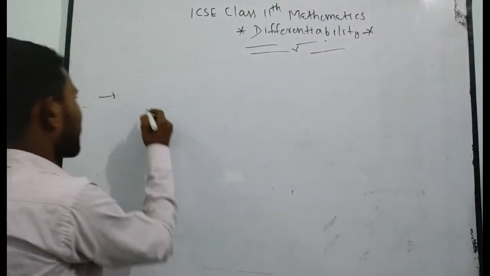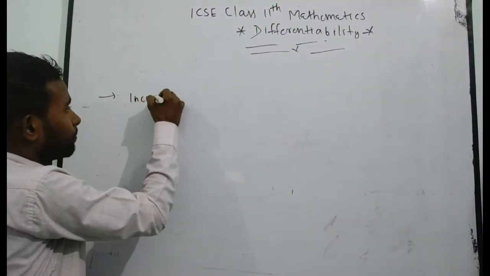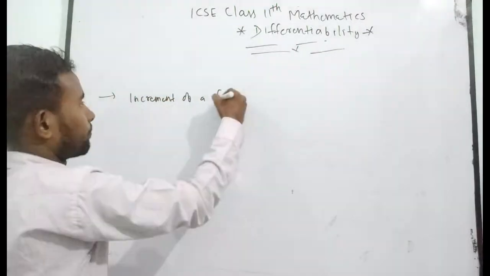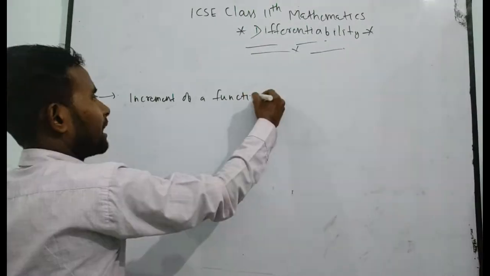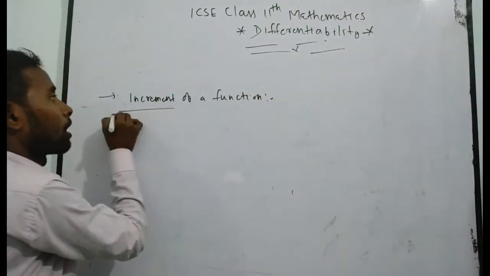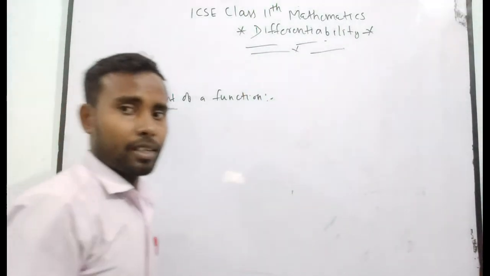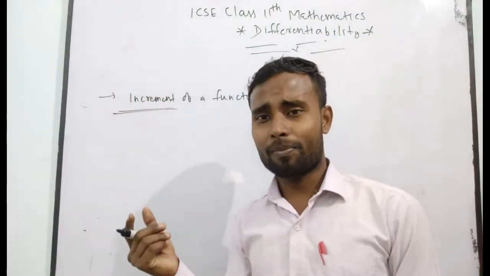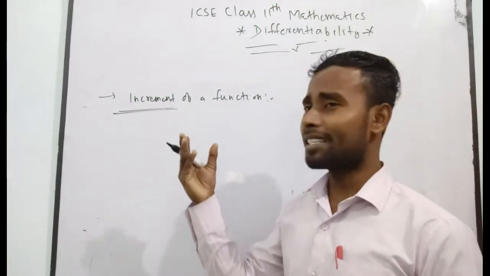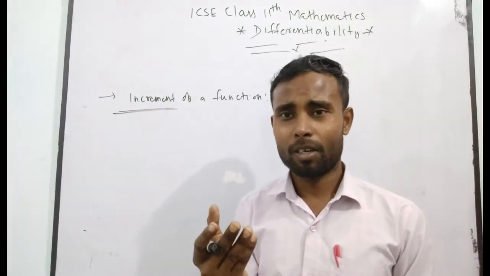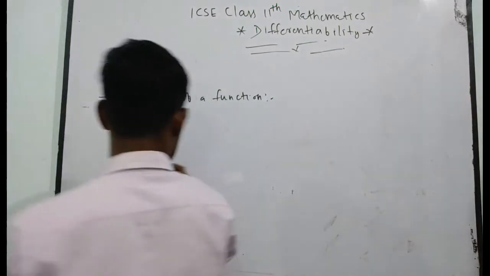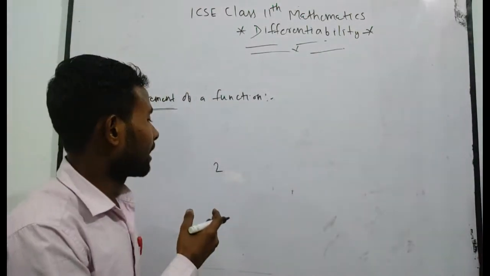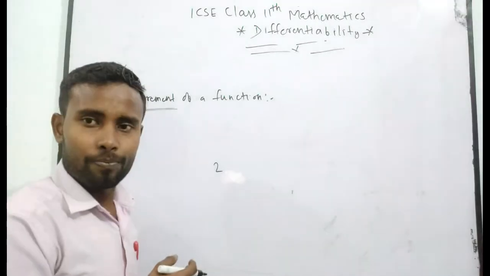Now I want to take the increment of a function. Sometimes students get confused with this term, increment. The word increment does not only represent increasing. Suppose that 2 is a number and I tell you to take an increment of 2.